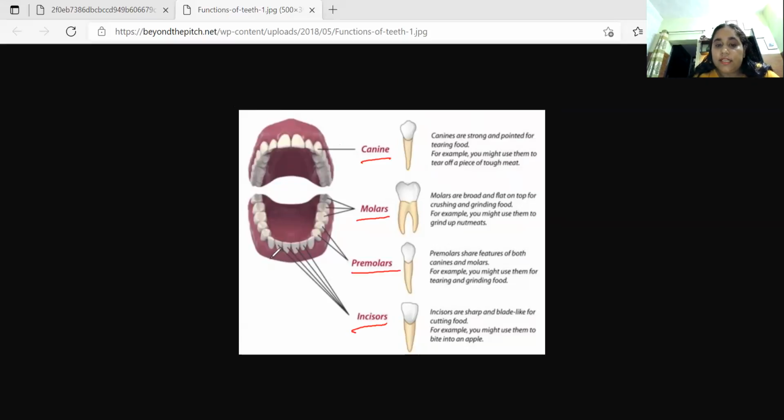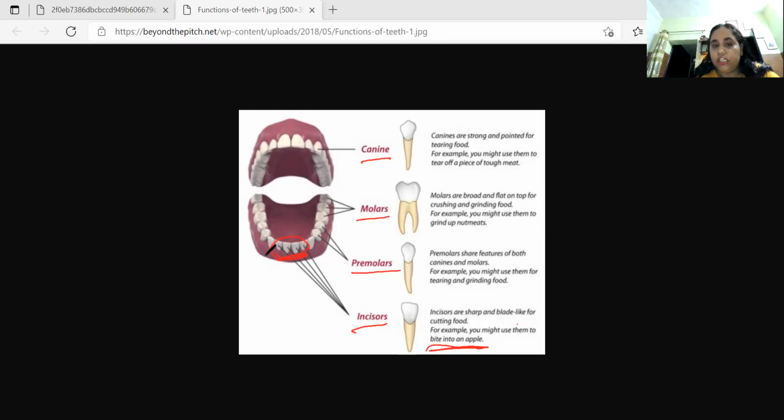First of all, these are your incisors, the very first four teeth in front, like these flat ones. They are sharp and blade-like for cutting the food. For example, you use them for biting an apple. These are in your lower jaw. Then after these four teeth, you have the premolars.